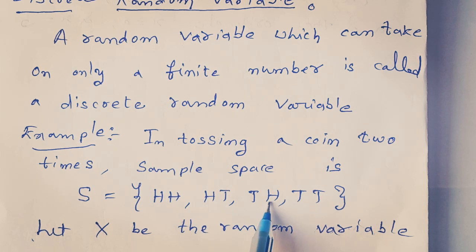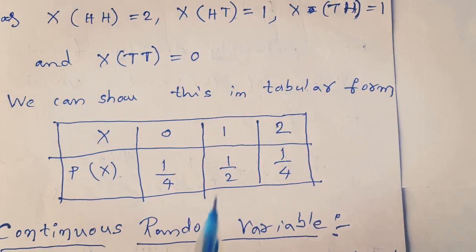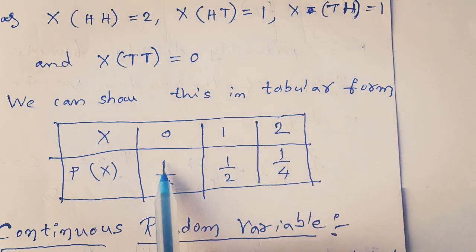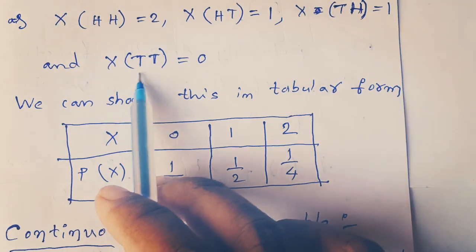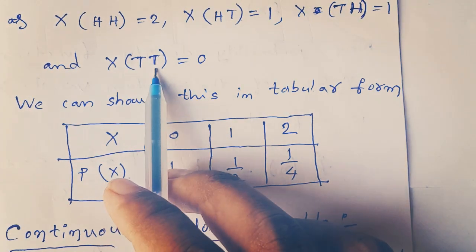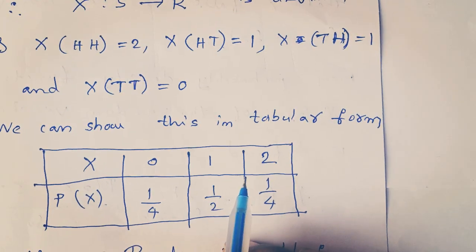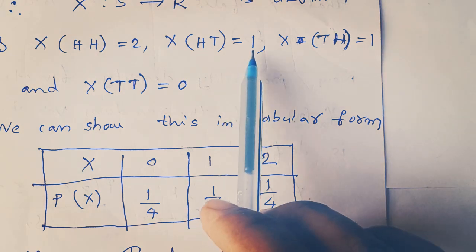For getting TH, the probability is 1 by 4. For getting TT, the probability is 1 by 4. Therefore, for getting 0 heads, which means getting TT, the probability is 1 by 4. Similarly, for getting 1 head it is 1 by 4.